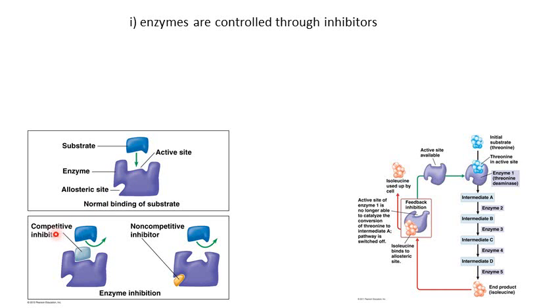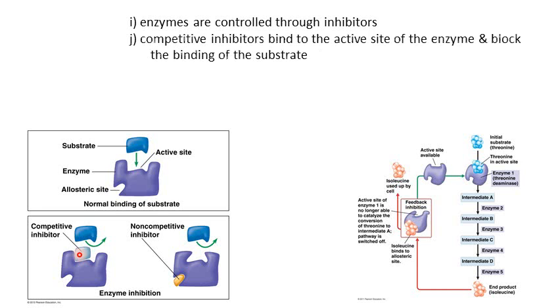But in some cases, there are molecules that can bind to the active site other than the substrate, and they are called competitive inhibitors. They bind to the active site. That's key. They prevent the substrate from binding. That's key. So, there are competitive inhibitors that can bind to the active site of an enzyme and block the binding of the substrate.